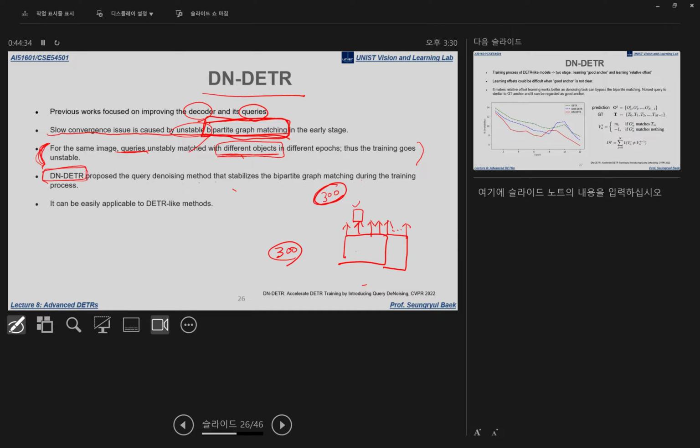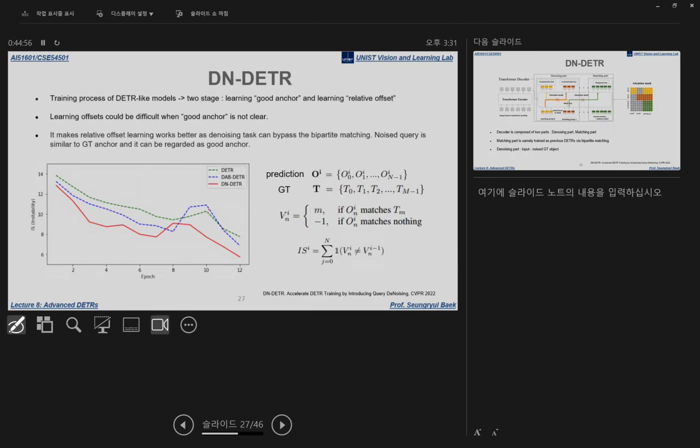That's what DN-DETR is insisting. They want to apply additional denoising loss functions to this DETR training and stabilize the bipartite matching part. Okay. So, this is easily applicable, so we will see how easy it is.